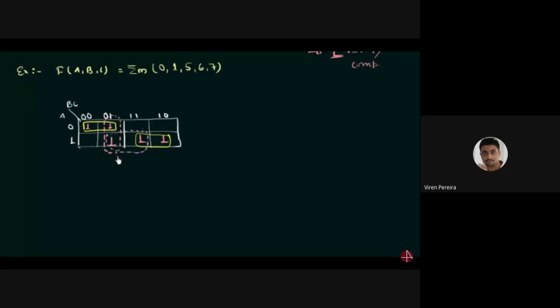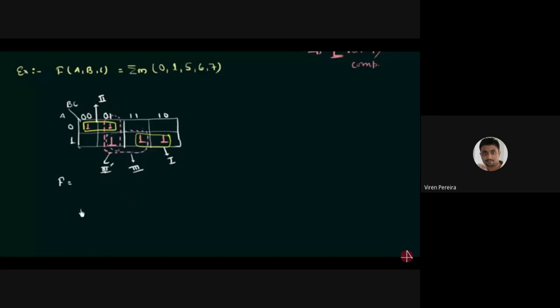Let's see what the function result is by considering these two cases. So f is, let's say this is 1, this combination is 2, this is your first implicant, this is your second implicant, this one is your third implicant, this one is your third implicant dash.